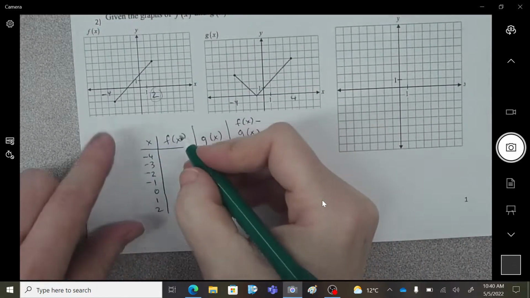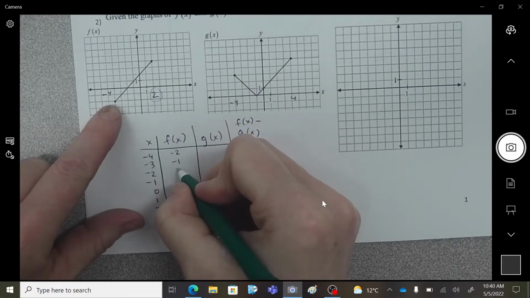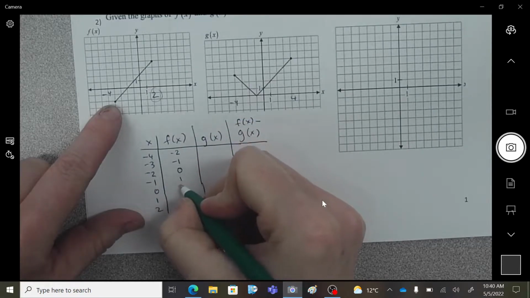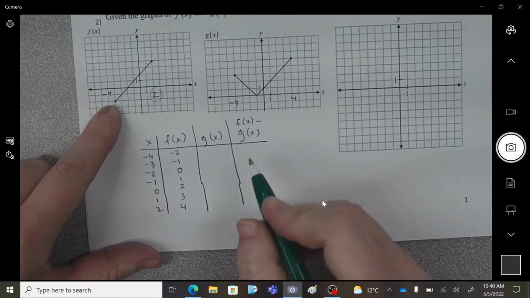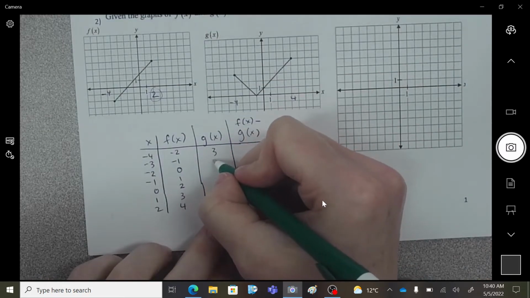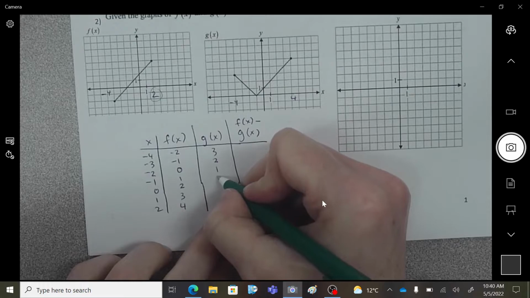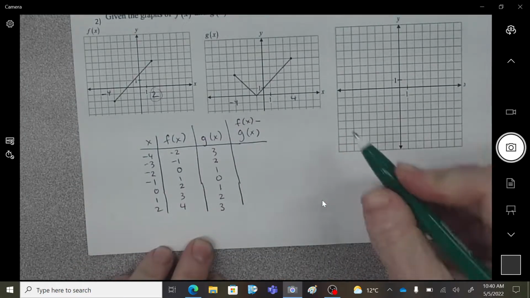Okay, so the f function, I'm going to take these y values, so -2, -1, 0, 1, 2, 3, and 4. Those are the heights. The g function, the height is 1, 2, 3, 2, 1, 0, and then 1, 2, 3.